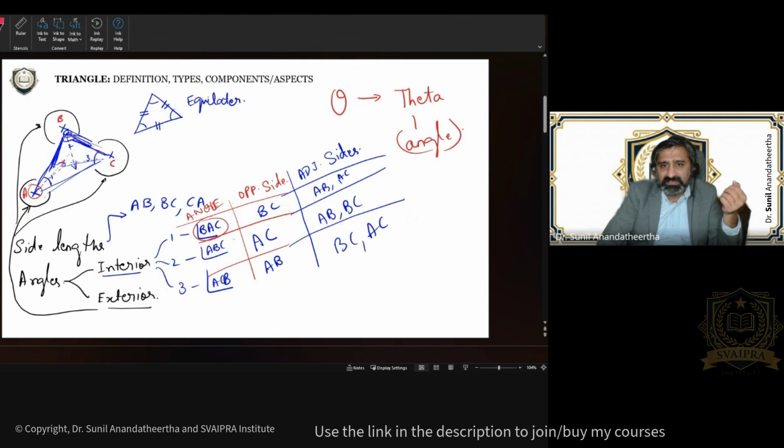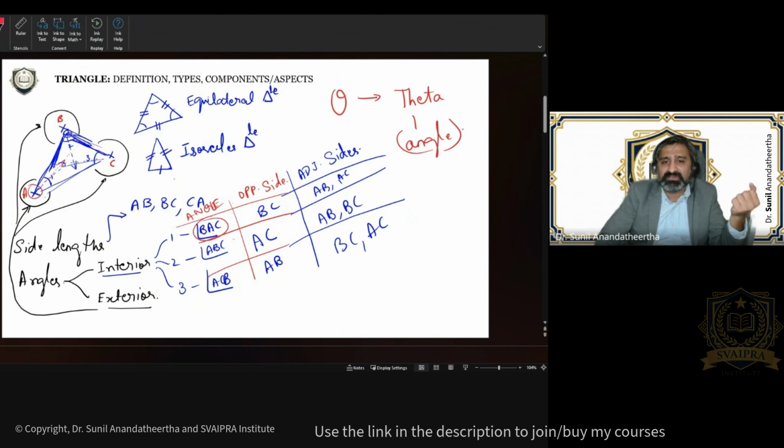Okay, do not use this symbol when you're writing your exams. Write triangle. Now when you have another triangle where two sides are equal, but one side is not equal to the other sides, this is obviously an isosceles triangle.